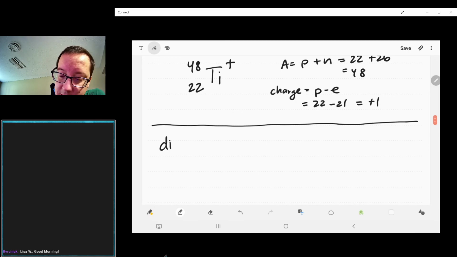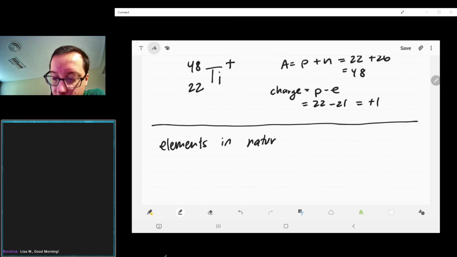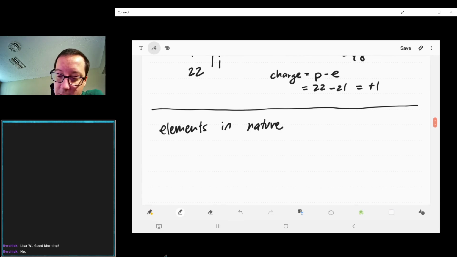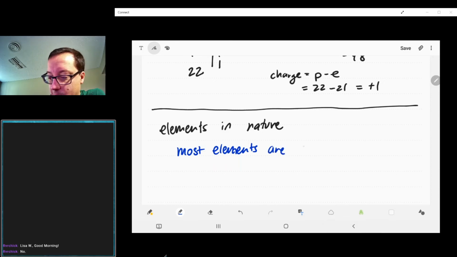Let's talk about elements in nature. That means the natural world, kind of outside the laboratory. Awesome. Okay, so we're going to see that most elements are solids at room temperature.